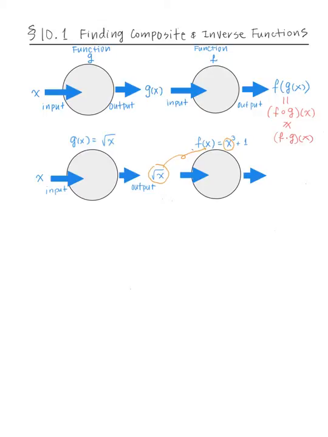I'm going to write it over here. This is going to be the square root of x, to the third, plus 1. So this is precisely our f of g of x. Don't panic. We're going to do a bunch of examples, especially for this section.